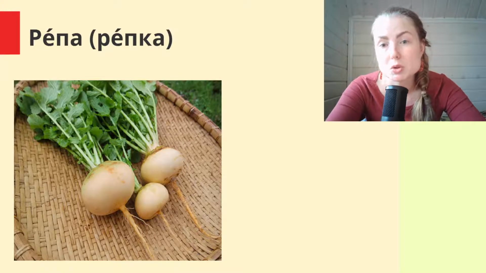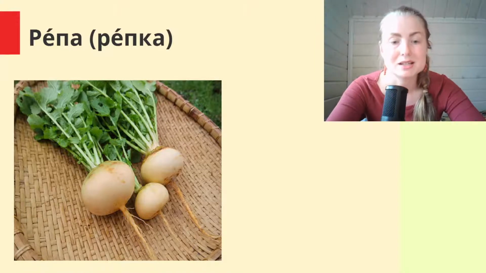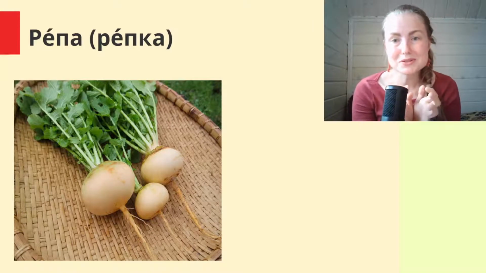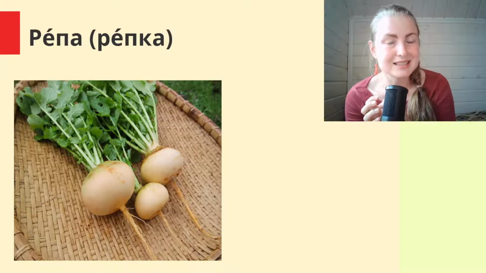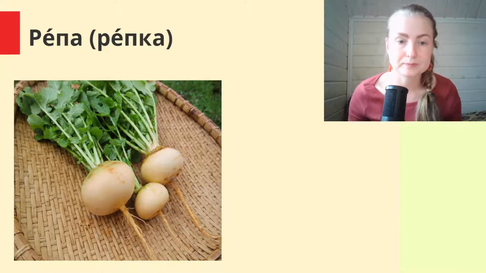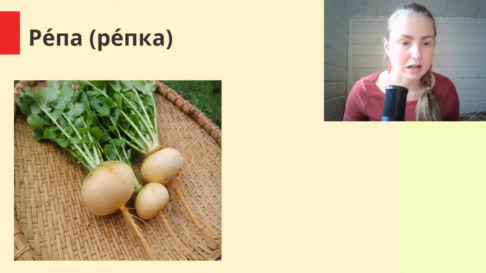If you go to the supermarket, normally you will find репа there. But if we talk about this vegetable with our friends, with members of our family, we call it репка, because it's a very cute, wonderful, and very tasty, quite sweet vegetable, репка. Хорошо.